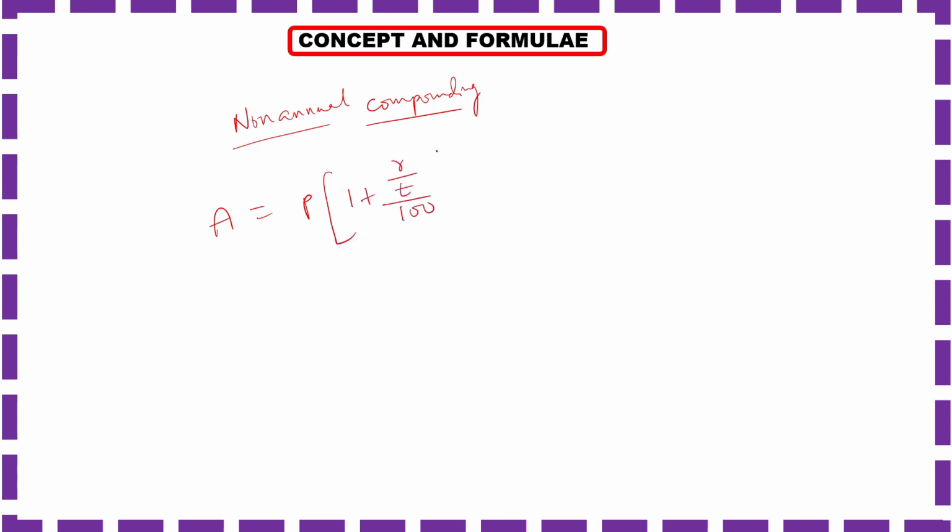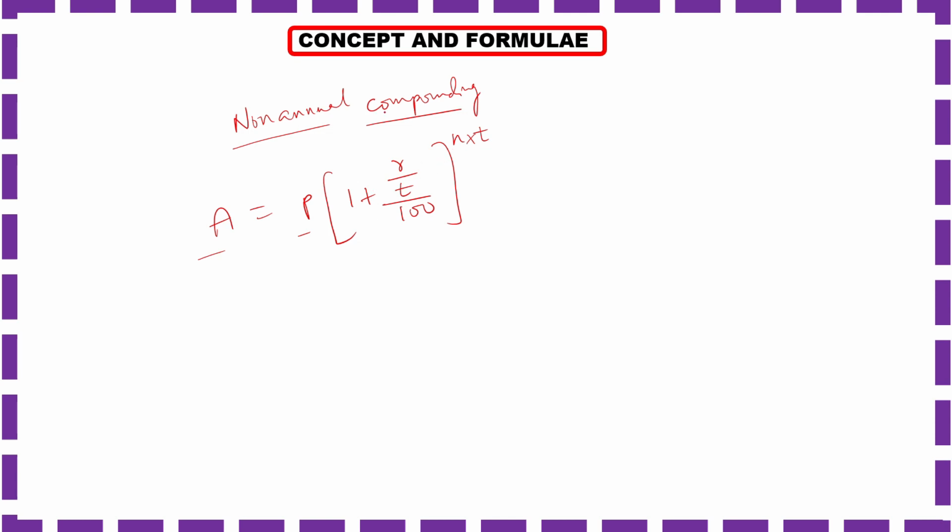So in case the compound interest is being compounded non-annually, right? In non-annual compounding, the amount will be equal to P into 1 plus R by T by 100 whole power N into T, where P is the principal, A is the amount, R is the rate of interest, and N is the number of times compounding happens in a year, right?